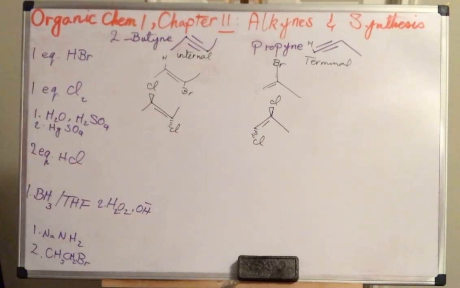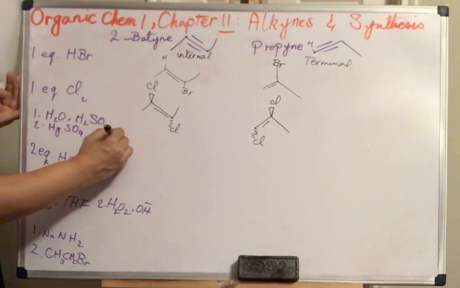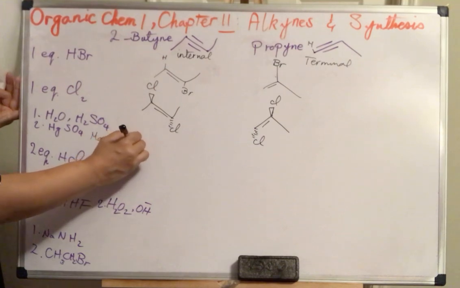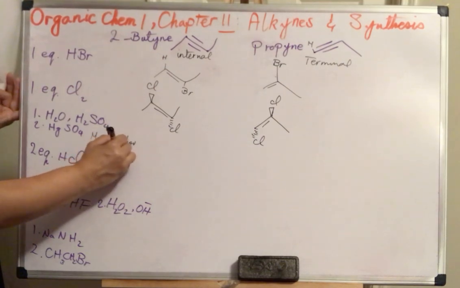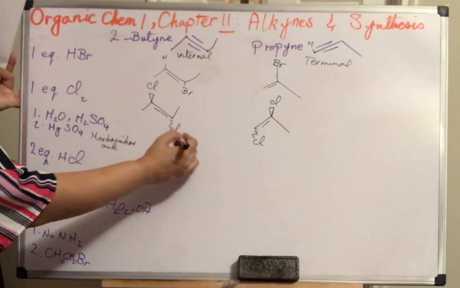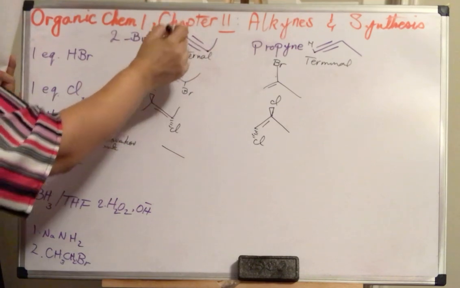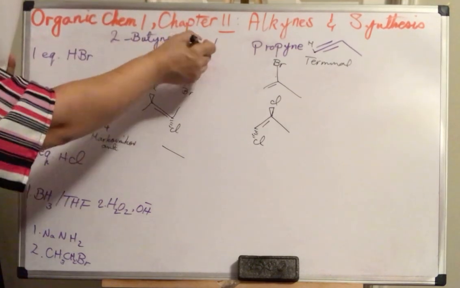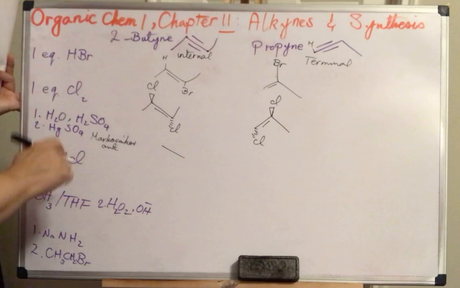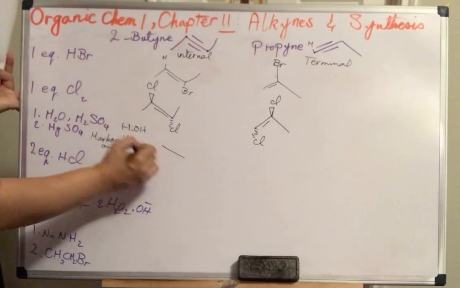The next one is addition of water, but this is Markovnikov and anti, right? So when you add water, again, it doesn't matter which of these gets hydrogen and which gets OH, because they're both the same as far as the hydrogens, and we are adding water in the form of H and OH.